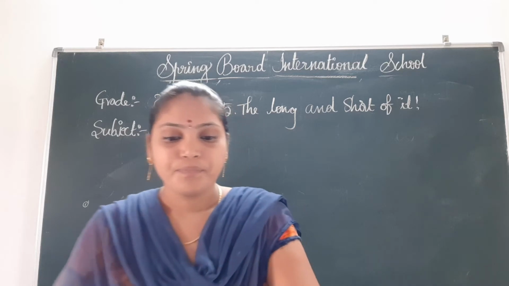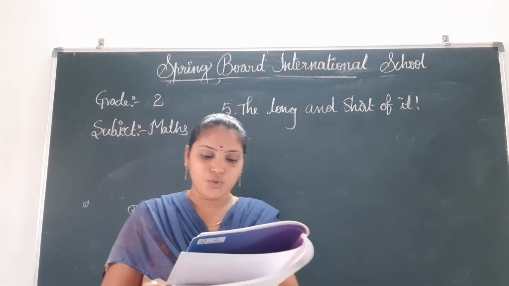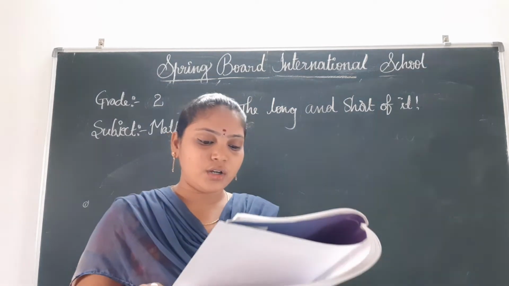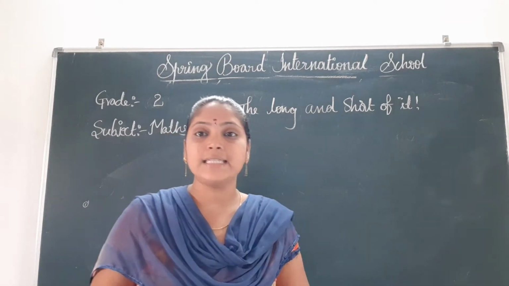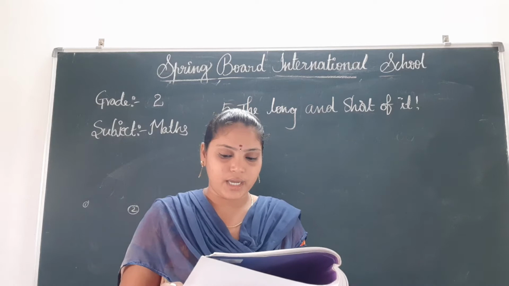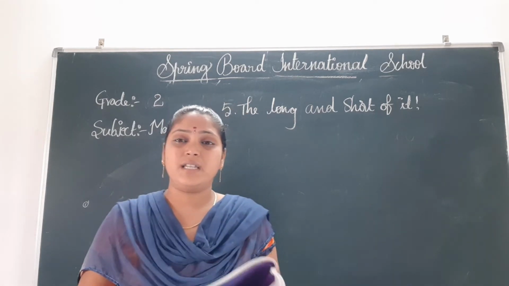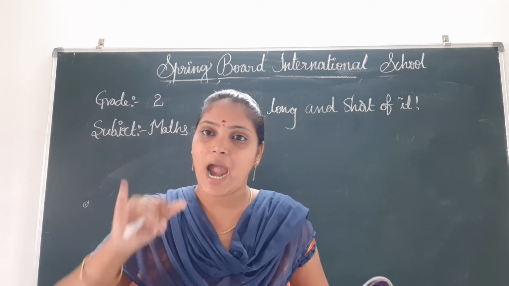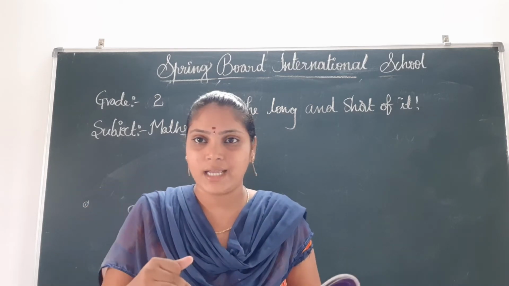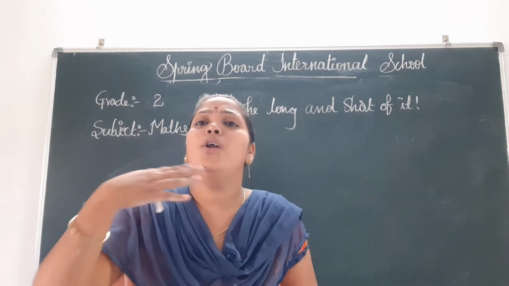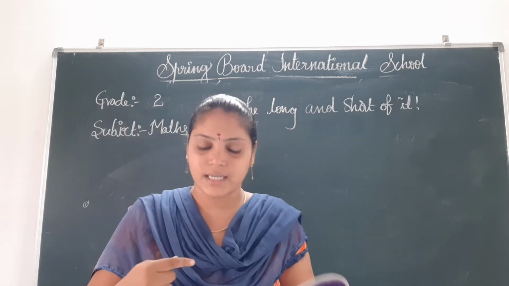So when we find the length using measures like hand spans, we may not get the same answer as another person. Why? Because some members' hands are long and some members' hands are short. So that's why hand spans are not the same as for another person.